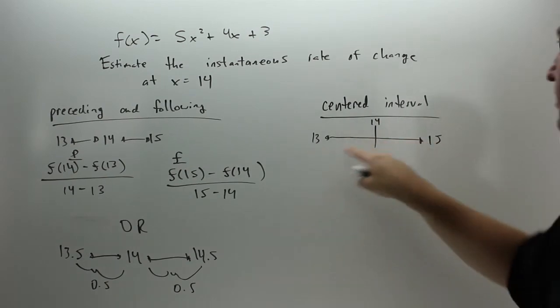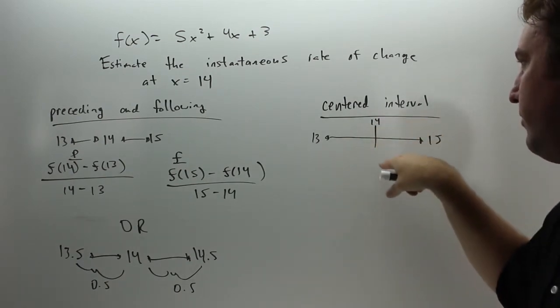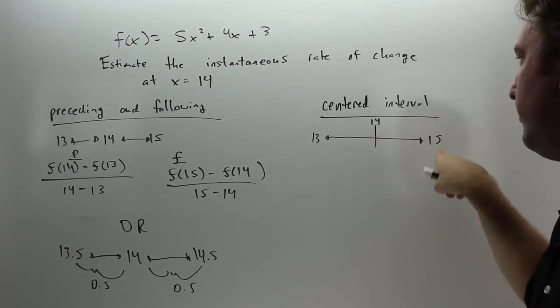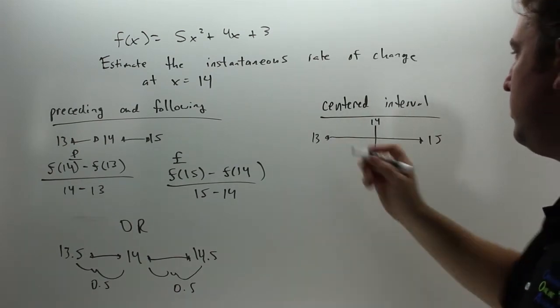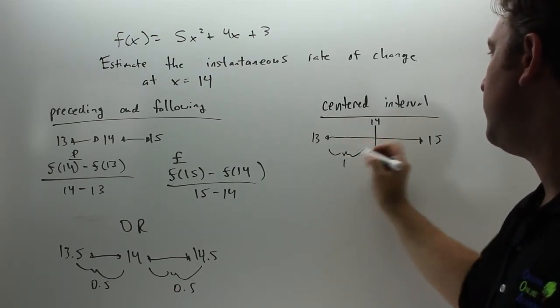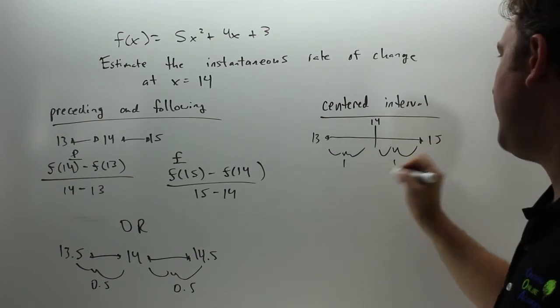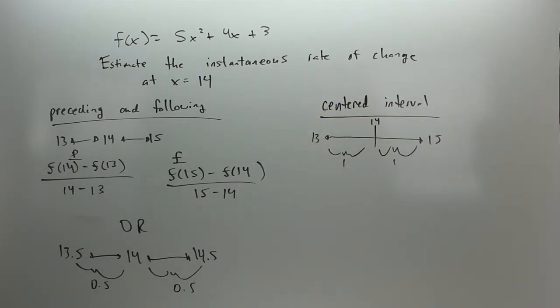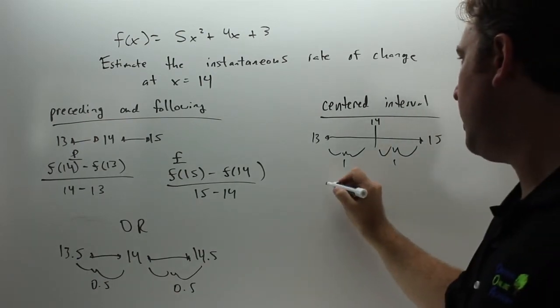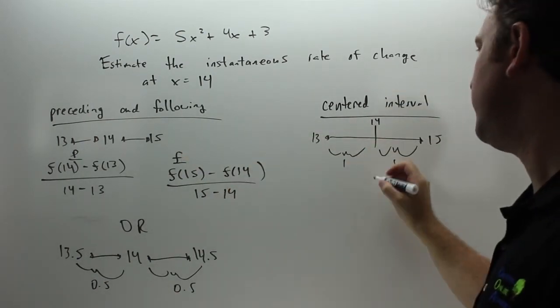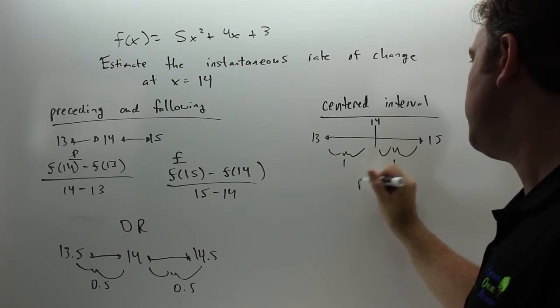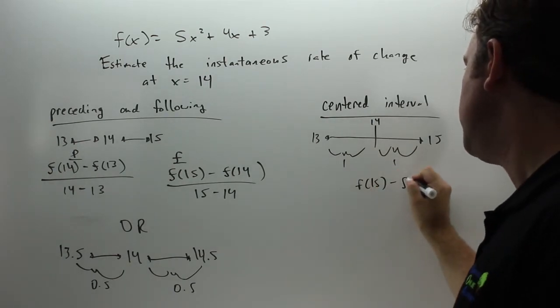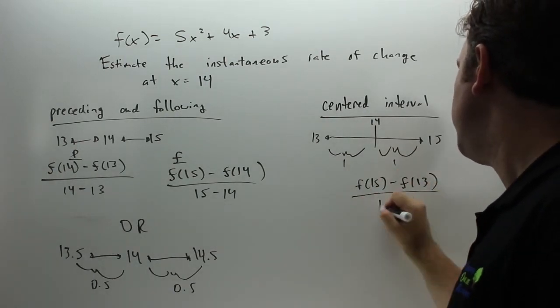I said 13 to 15 because it's centered around 14, right? 13, 14, 15. There's 1 unit in between these two, and 1 unit in between those two. And they have to be both in between the point that we're trying to find the instantaneous rate of change at. To find it, you're just going to simply go f of 15 minus f of 13 over 15 minus 13.